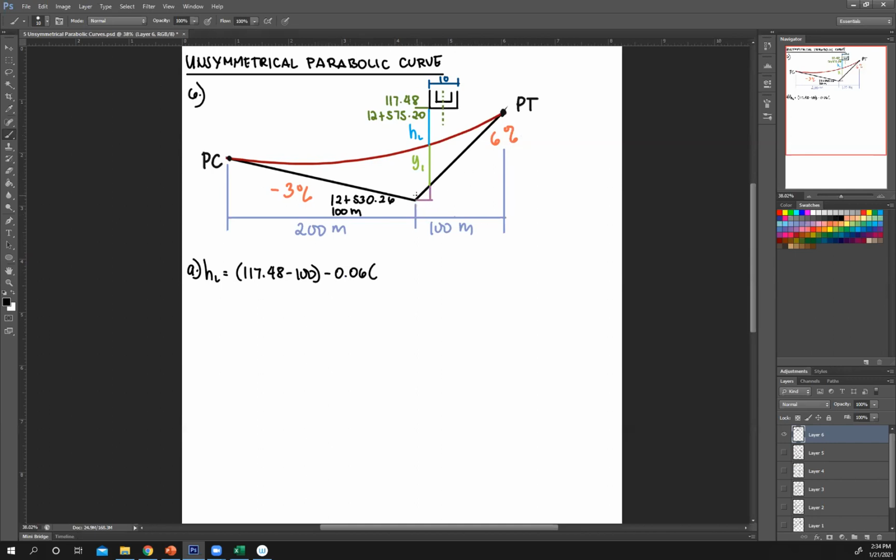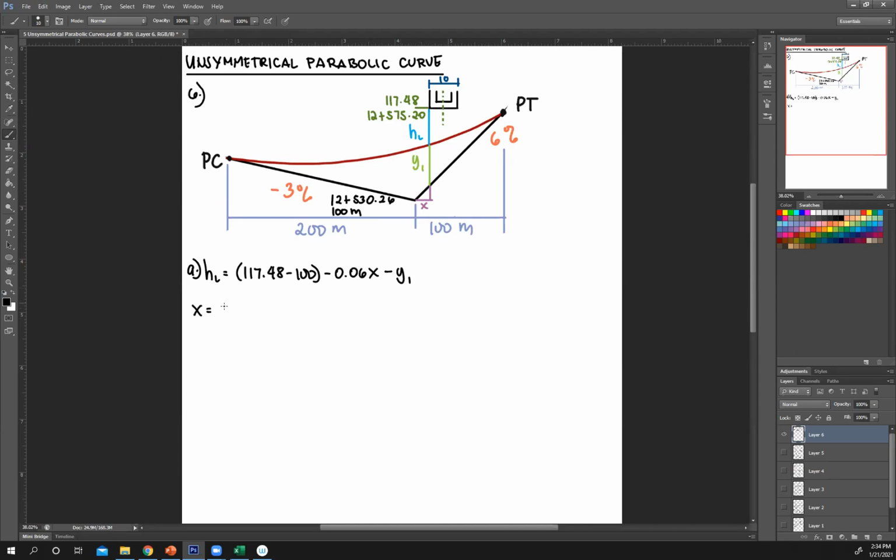To get this run, remember, this is at station 530.20, this is at station 575.20. Just get the difference between those two and you're able to get this. I'll just call that x. Then minus y1. That's all.